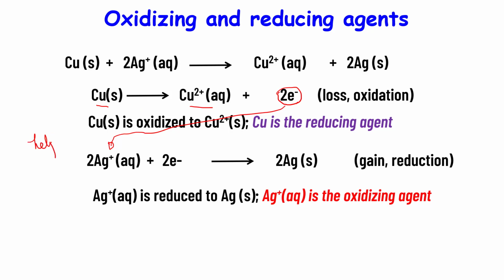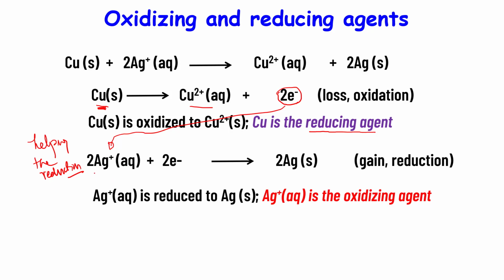So it's helping the reduction reaction. Because it's helping the reduction reaction, we can say that this copper metal, which is donating the 2 electrons, is basically an agent that helps in reduction. So that's why we call this copper the reducing agent. If you want to remember it in a short way, a compound that is getting oxidized will serve as the reducing agent.